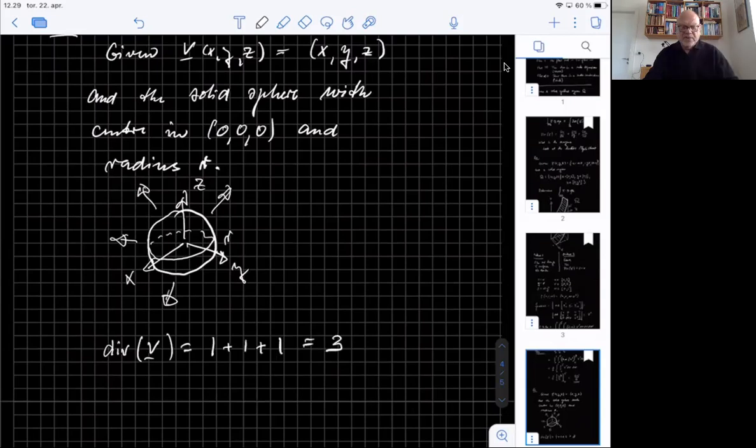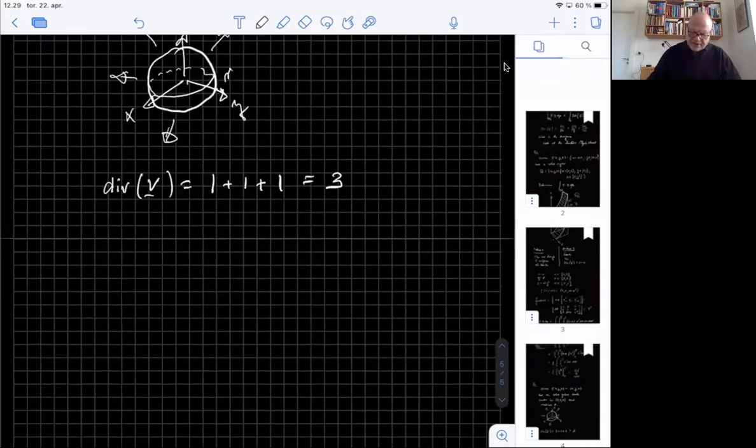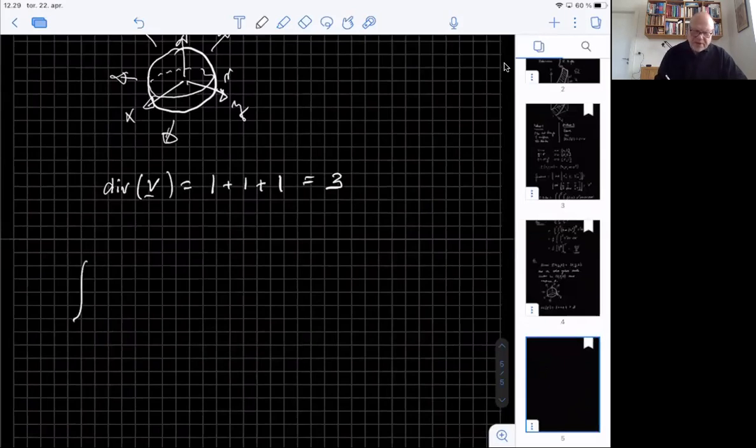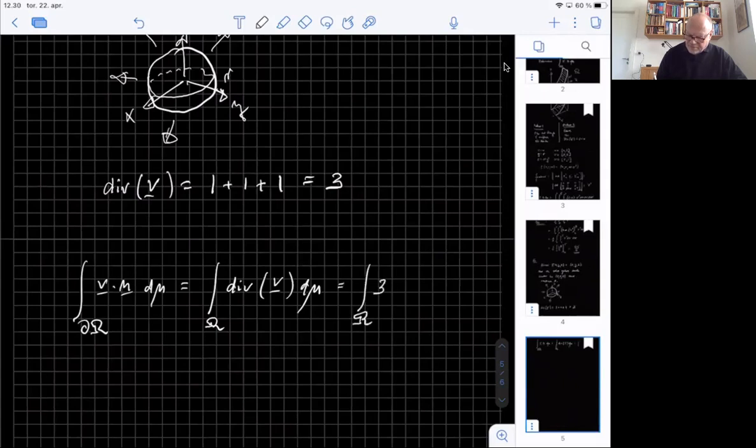So we have a constant divergence, and this is then very easy to compute, because the flux integral is equal to the volume integral of the divergence of the vector field V. Since the divergence is 3, this is constant, you can put it outside, and what is left as the integrand is a 1.